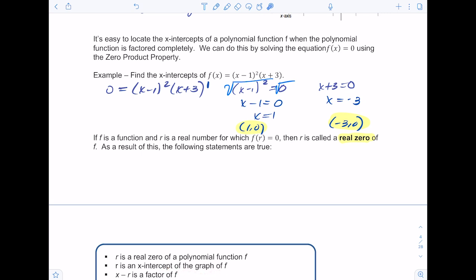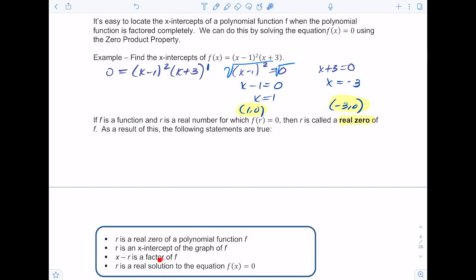What that also tells us is that x - r is a factor. So look, if I take r and then I do x minus this, I get a factor. x - (-3) turns into x + 3. That's one of my factors. And r is what's called a real solution to the equation f(x) = 0. So if I said solve this equation, those would be your solutions, 1 and -3.